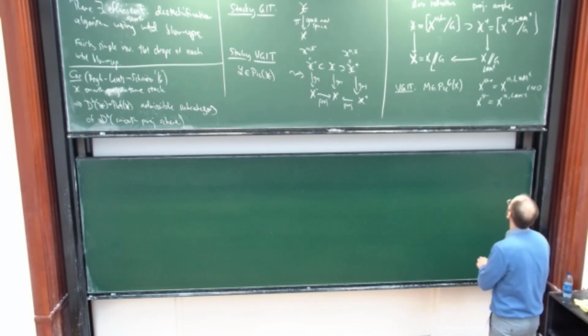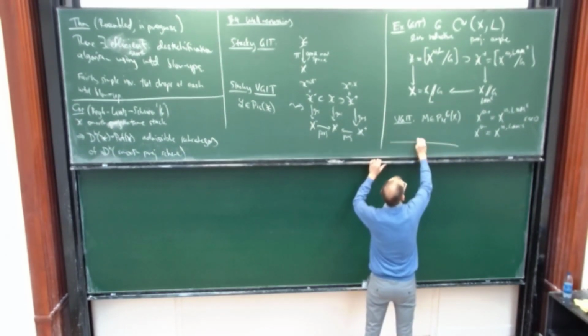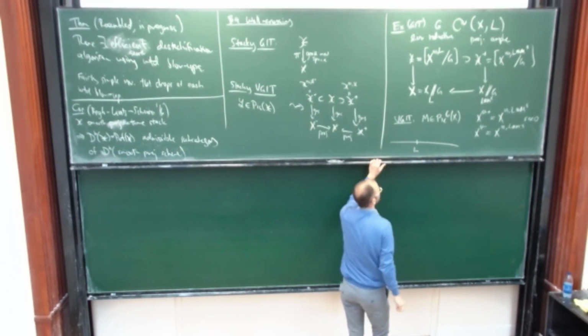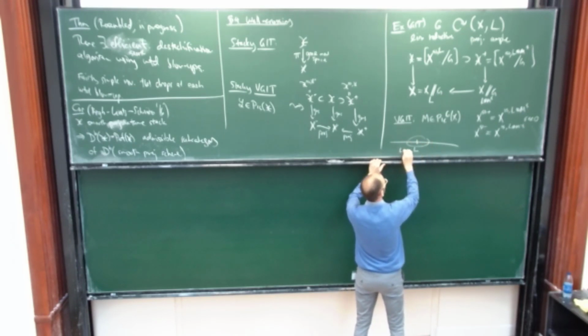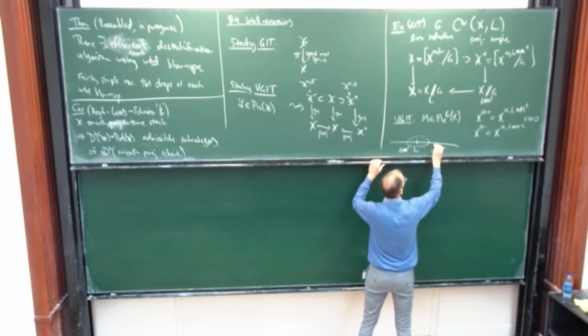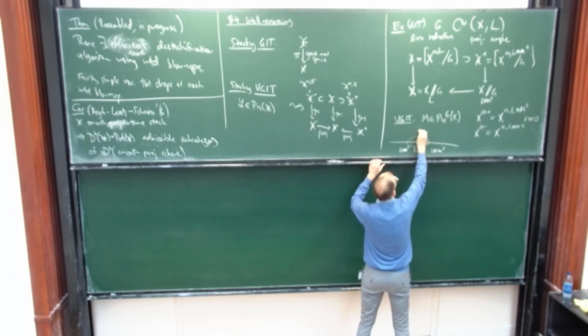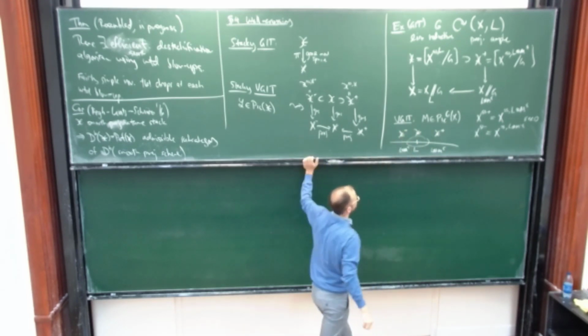So perhaps I can also draw a picture. And now we have the linearization L here, and I'm picking two nearby linearizations, and I'm going to compare the stack that I have here with the stack that I have on these two sides.